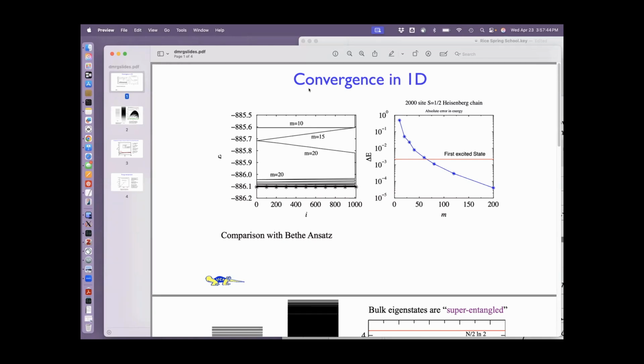Pure Heisenberg, gapless. So that first excited state is proportional to 1 over L, the length of the system. It's open boundaries, but the size of the gap is also 1 over L in the periodic case. So that part isn't too different.